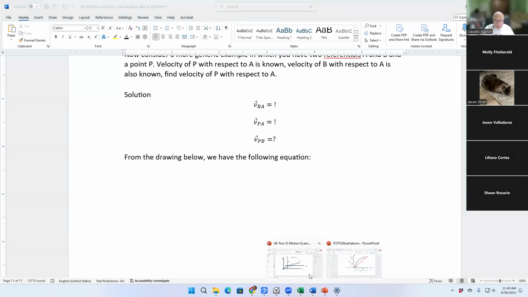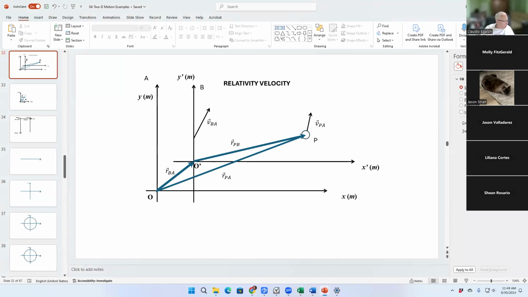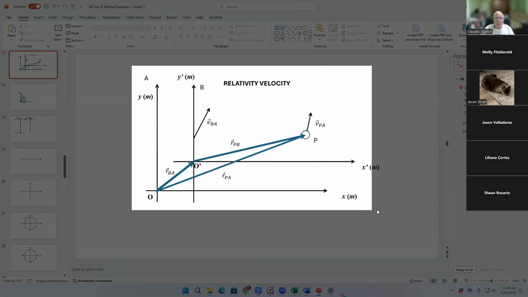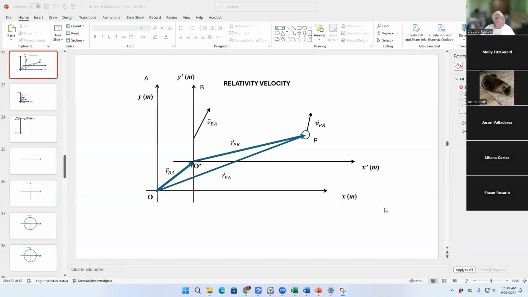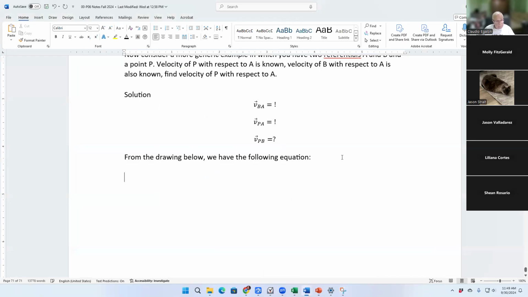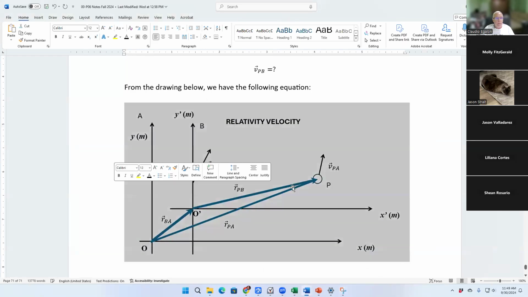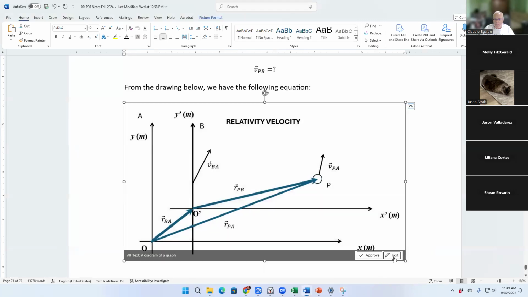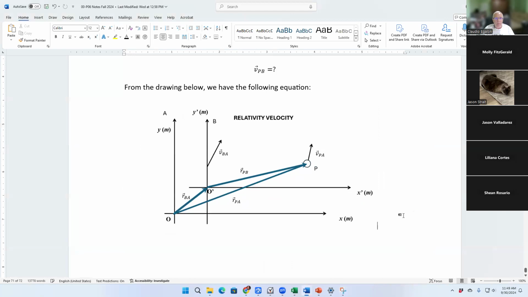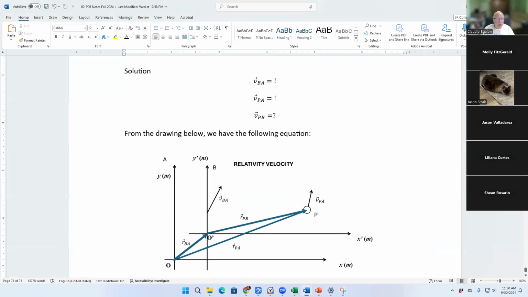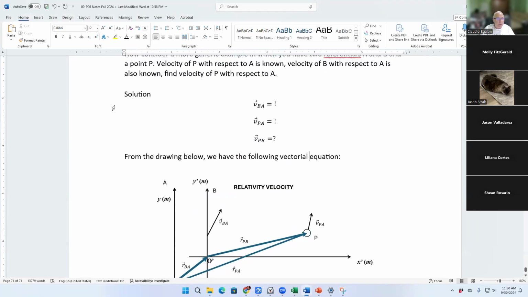I'm going to copy this and put that in my snipping tool. We have the following vectorial equation.